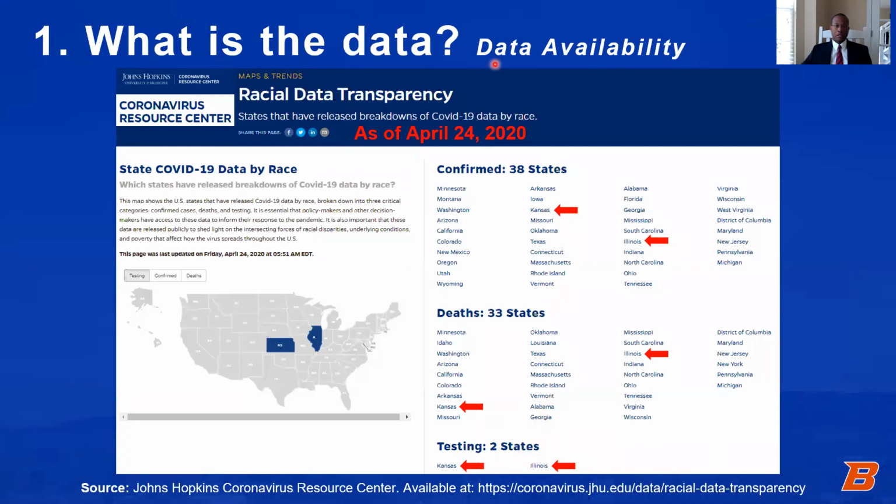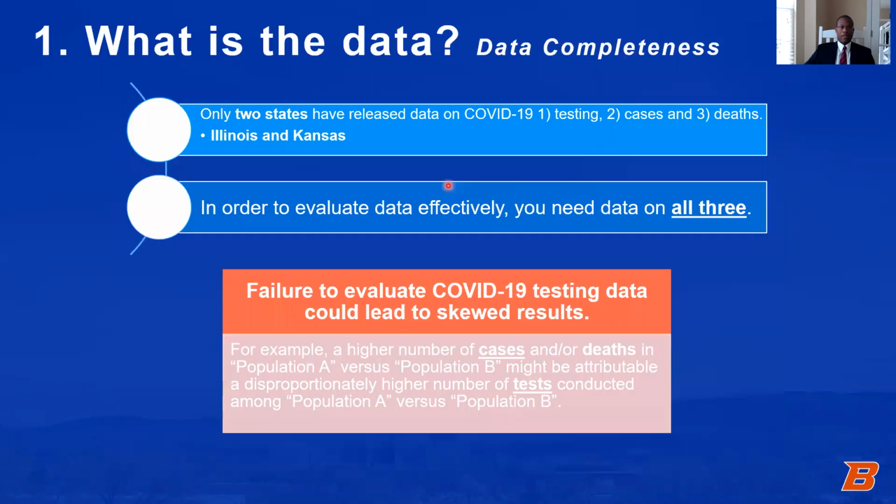All right, so this slide just really talks about data availability. Again, the source for this is the Johns Hopkins University of Medicine Coronavirus Resource Center. As I stated previously, only 2 states have released data on COVID-19 testing, cases, and deaths. Those are Illinois and Kansas. In order to evaluate data effectively, you really need data on all 3 of these elements: testing, cases, and deaths.